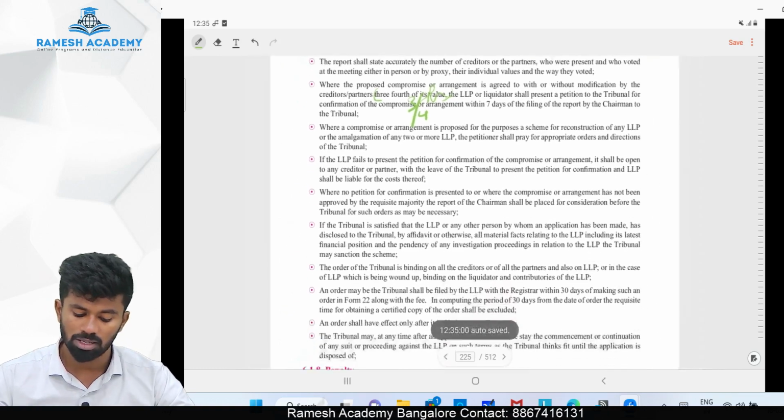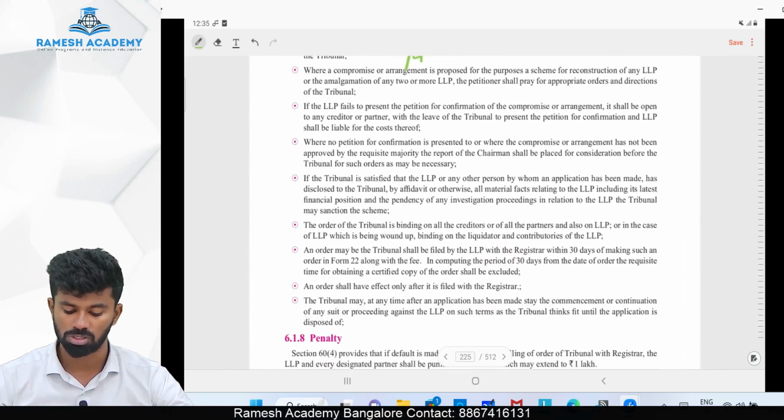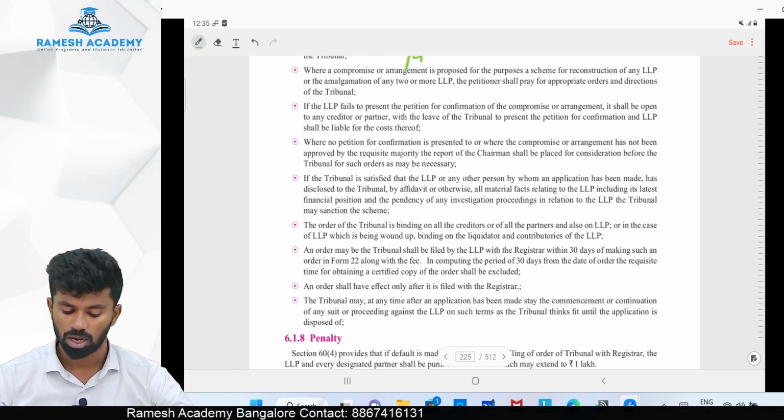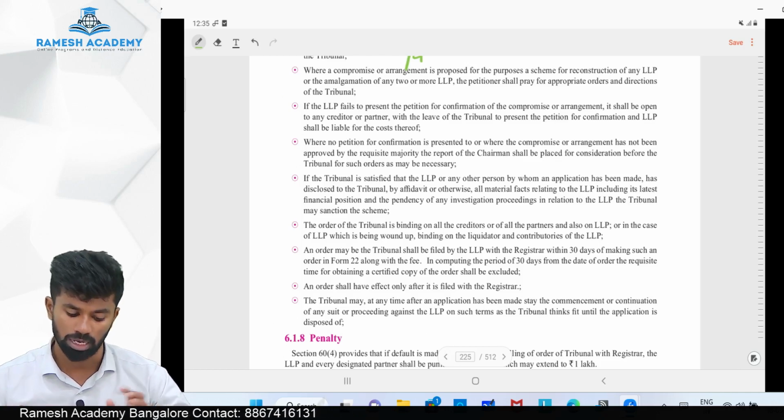Where a compromise or arrangement is proposed for the purpose of reconstruction of any LLP or amalgamation, the petition shall pray for appropriate orders from the NCLT.